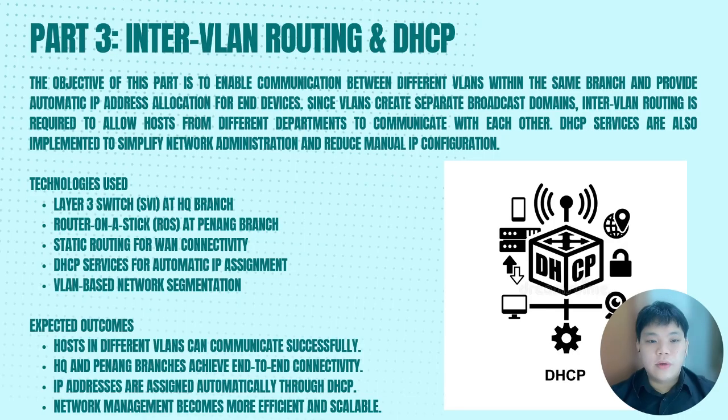At the Penang branch, router-on-a-stick is implemented by configuring multiple subinterfaces on the router with 802.1Q encapsulation. This configuration allows hosts from different departments and VLANs to communicate with one another while maintaining logical network segmentation.